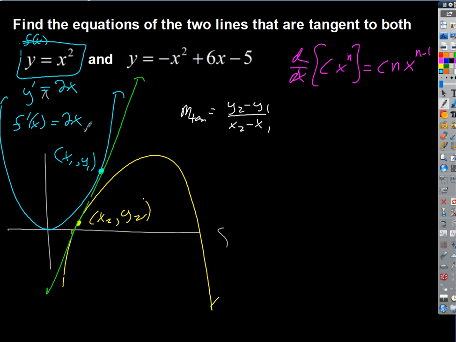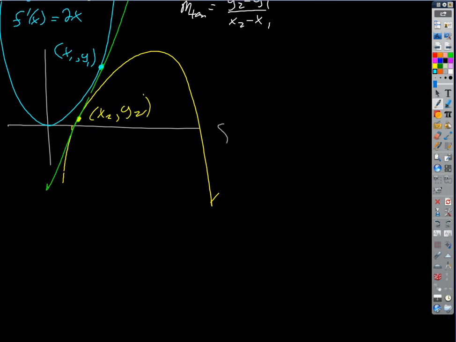So really, if we want to know what the slope is at that point, we're just plugging in x1. We're evaluating the derivative function at x sub 1, right? Okay, so then we'd end up with f prime of x sub 1 equals just 2 times x sub 1, right?